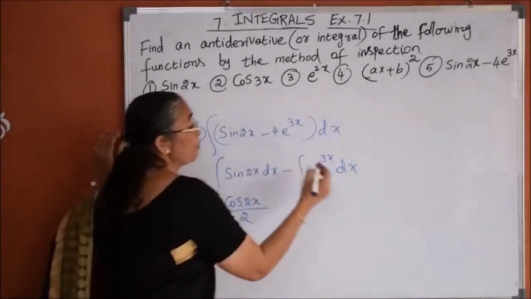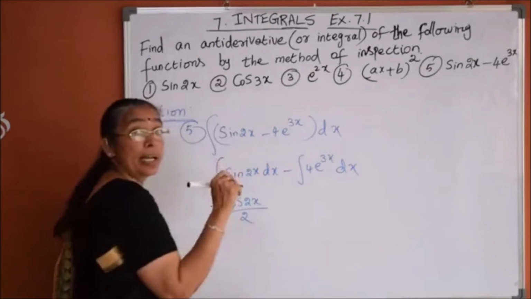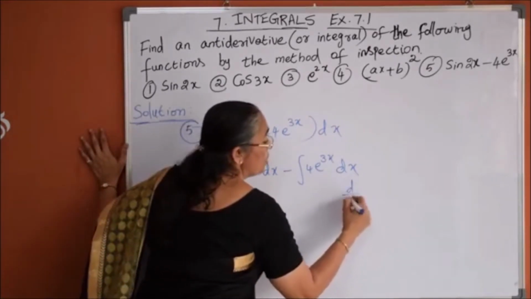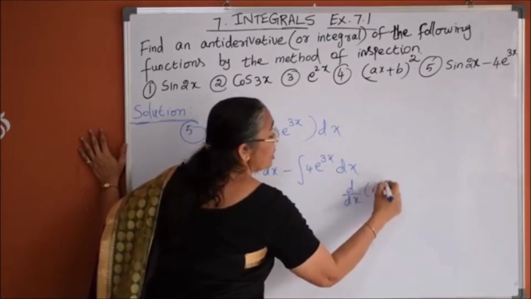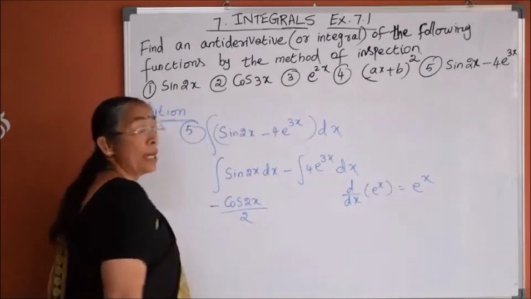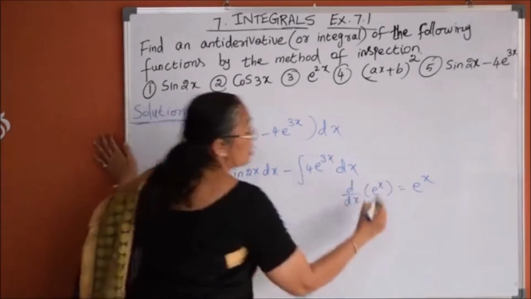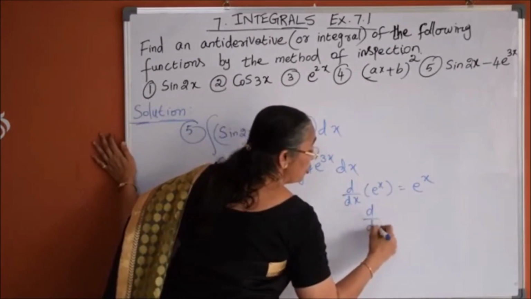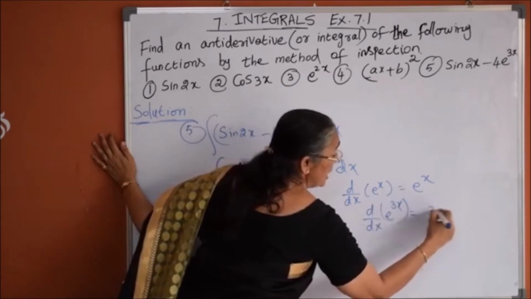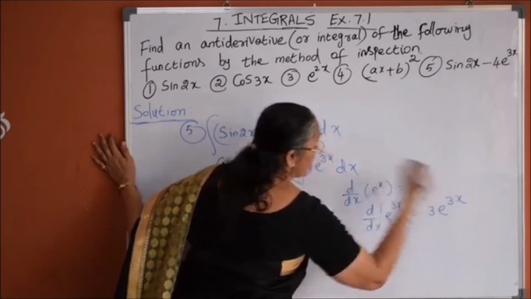So, first, e power x is the derivative of e power x itself. So, d by dx of e power x is e power x. We need e power 3x. So, differentiation of e to the power of 3x will be 3 times e to the power of 3x.